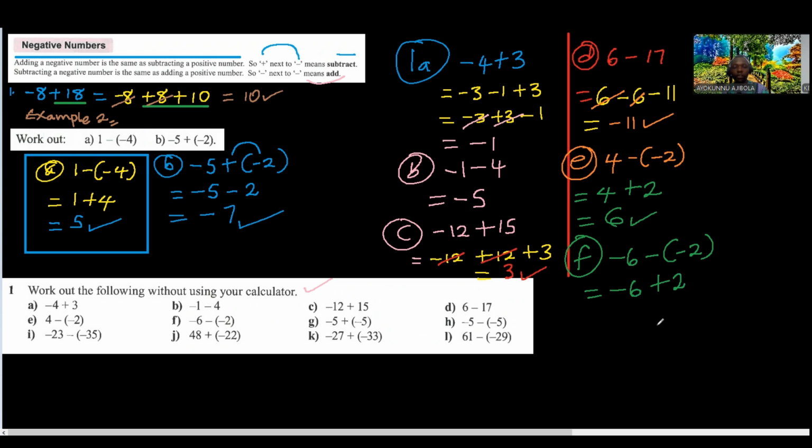Are you watching this? Good. So we have negative 4, a negative 2, then that positive 2. So the positive 2 and negative 2 will cancel out. Then the final answer will be what? Negative 4.